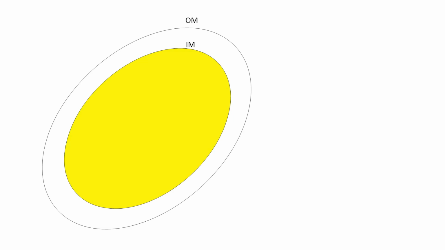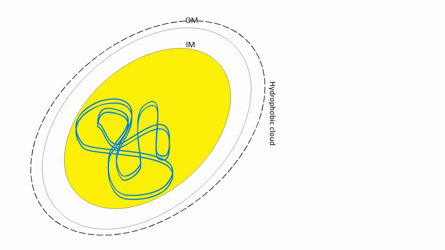Let us assume that this is a bacterial cell with the outer membrane and the inner membrane, and the chromosomal DNA inside the cytoplasm. The outer membrane and the inner membrane are negatively charged due to the hydrophobic forces. This forms a negative cloud over the E. coli cell.